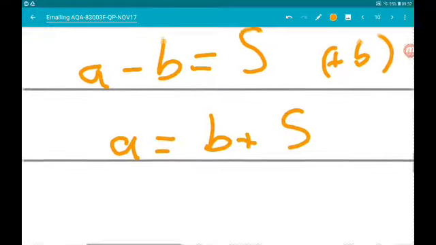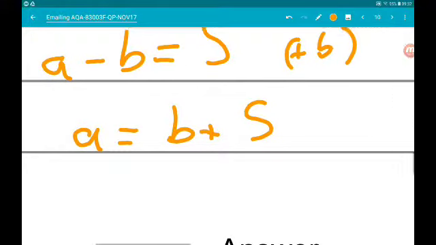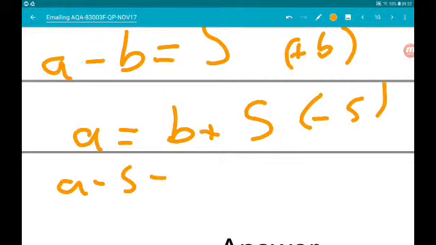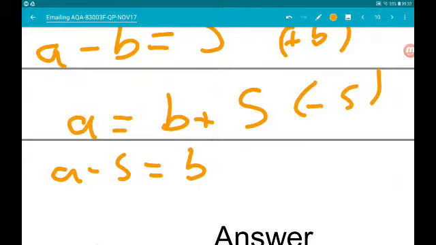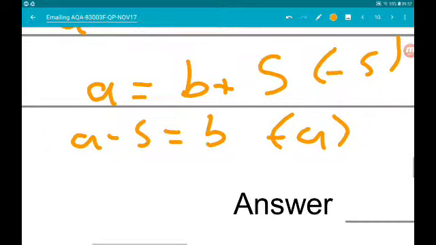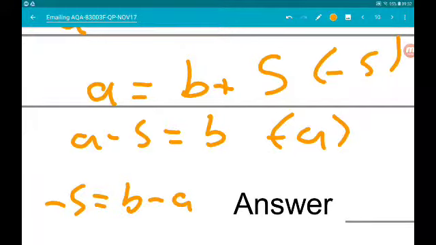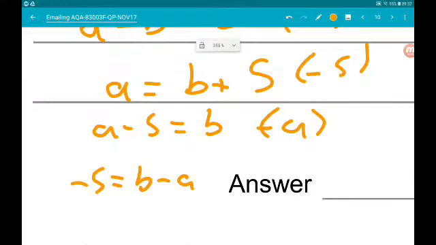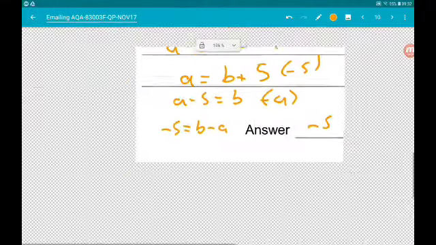Now if we minus 5, we get A minus 5 is equal to B, and then finally subtract A, we get minus 5 is equal to B minus A. So the answer is minus 5. Cool.